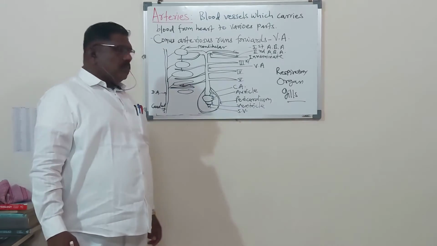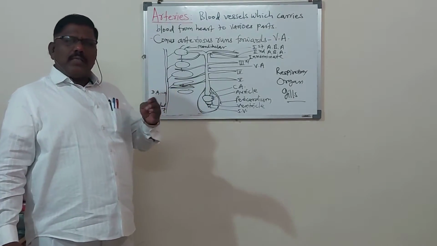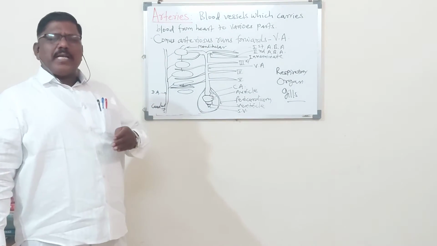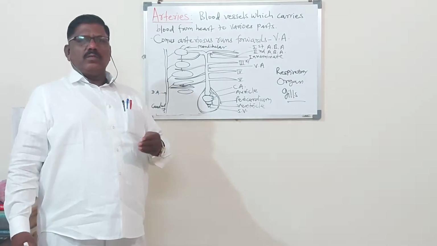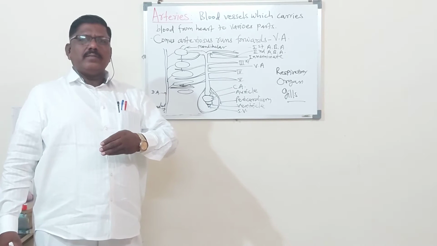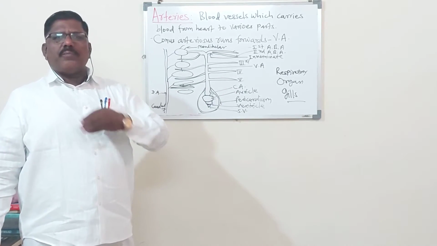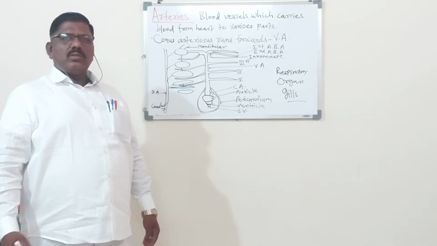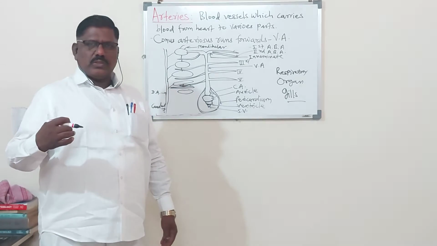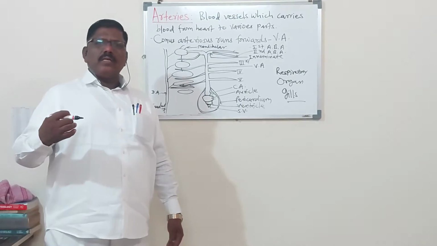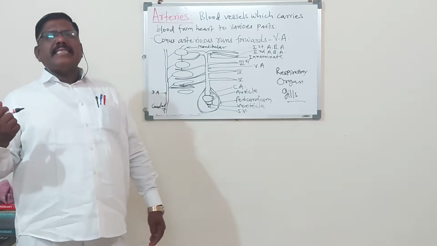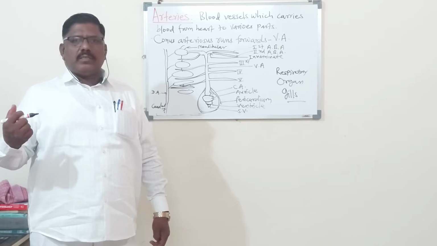So during the respiration, mouth is open, water enters in the buccal cavity. From the buccal cavity, it goes to the pharynx. From the pharynx to the gills. And there is the oxygen intake, inspiration.